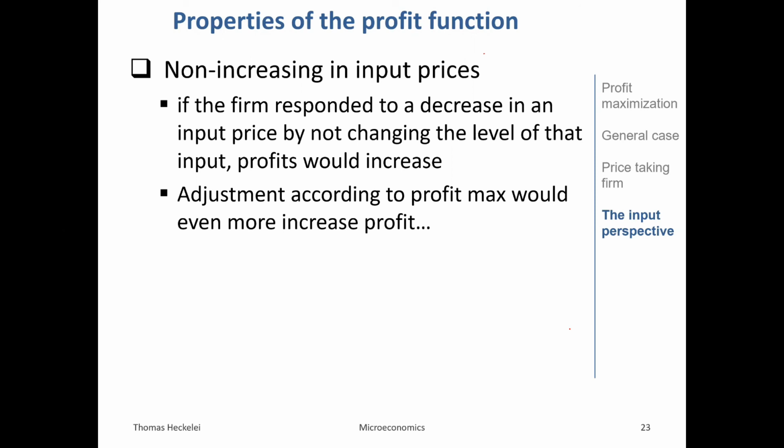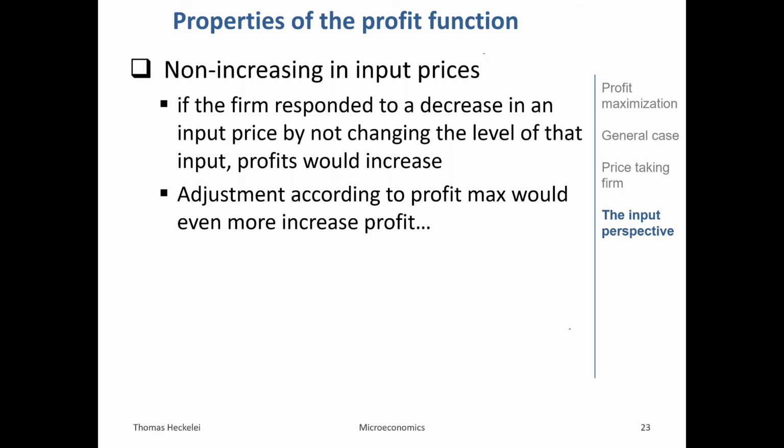We could also put it the other way around, like the approach here. So assuming there is a decrease in input price, so your inputs get cheaper. By not doing anything, your profit already increases.